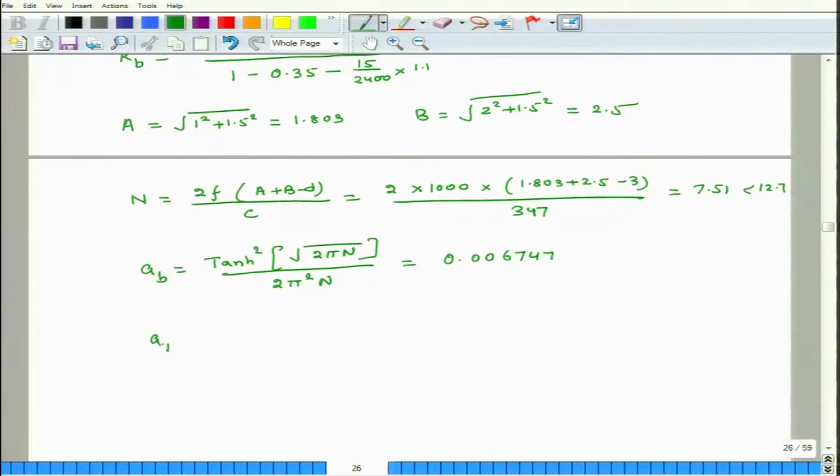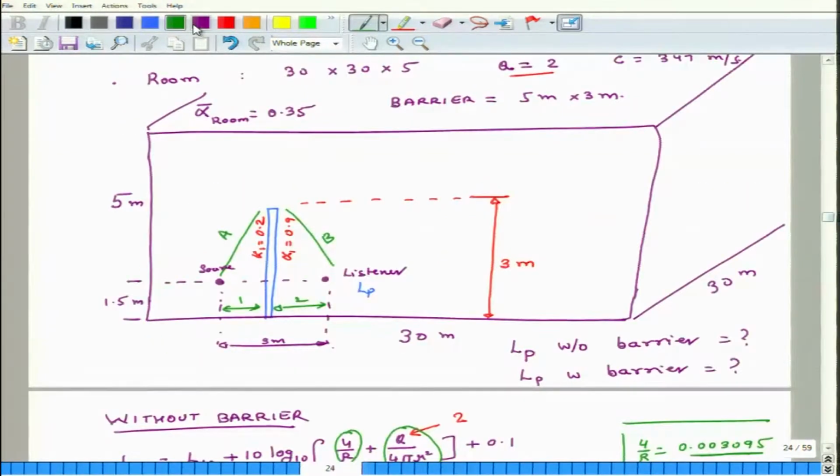And then AT, which is the transmission coefficient for the barrier, is what? 10 to the power of minus transmission loss by 10. The problem tells us, maybe I did not specify earlier, which is my mistake, transmission loss for this barrier we are specifying as 31 decibels at 1000 hertz.